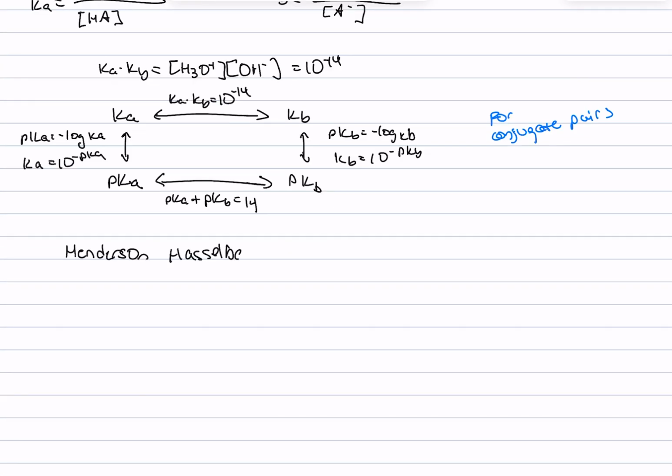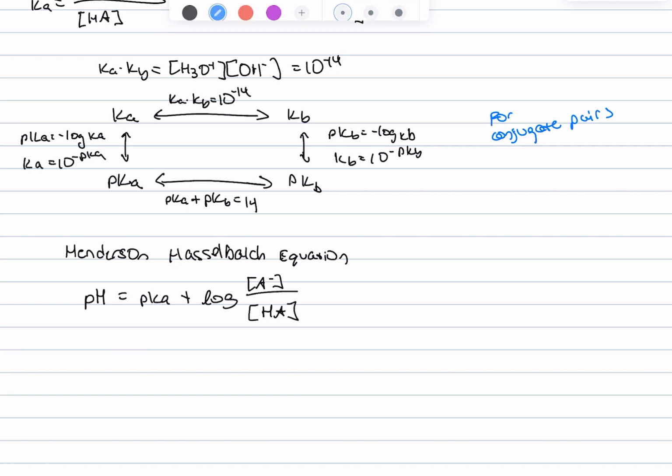And lastly, we have the Henderson-Hasselbalch equation, which says that pH is equal to pKa plus log of the concentration of A- over HA, although we could also use a ratio of the moles, since molar is equal to mole over volume.